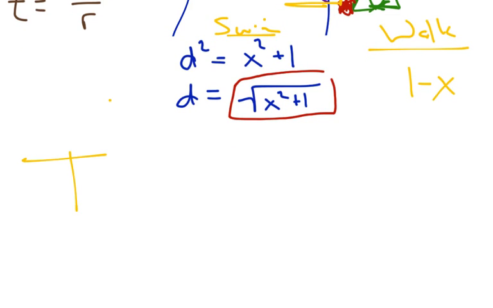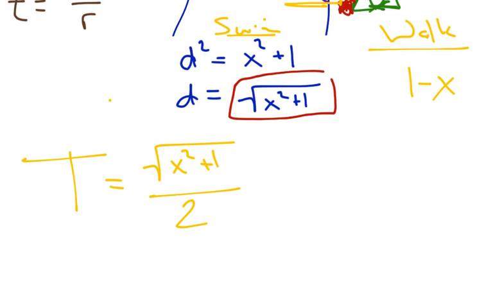So the total time, which I'm going to call capital T, is going to be this square root of x squared plus 1, that quantity, divided by 2, distance divided by rate here. And this only works because these rates are constant. If these rates weren't constant, we'd have to use some more calculus tools with which to work this out. But we're not quite there yet with what we've studied.